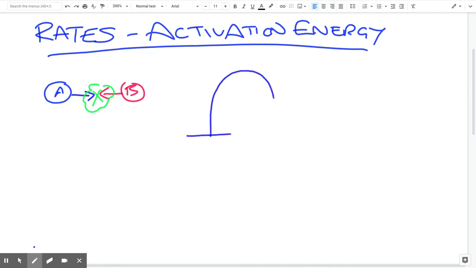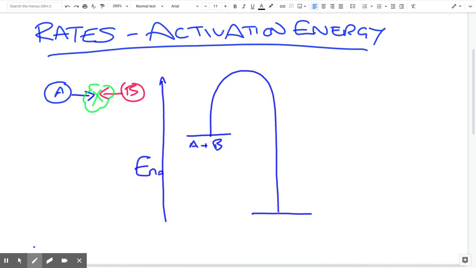And it's represented on an energy profile diagram like this. And what we have is particle A and particle B here. They have a certain energy of the system. And particles A and B will be constantly colliding.